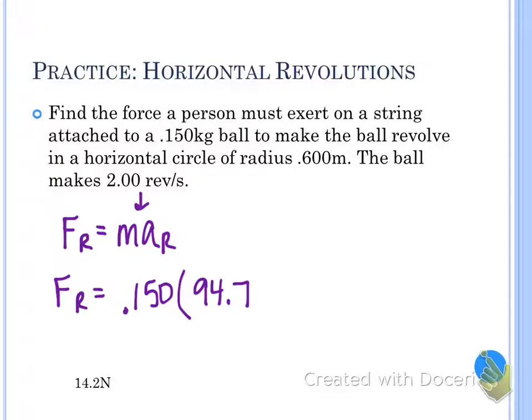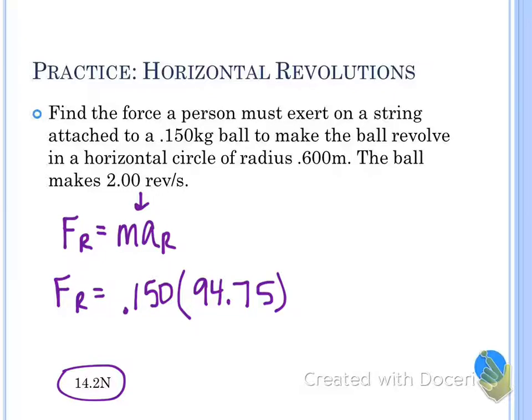I can't really hear what you're saying. 0.75. Okay, thank you. So to find the force that we need to keep it in motion, we take our acceleration times our mass, and we get about 14.2 newtons. So that's it.